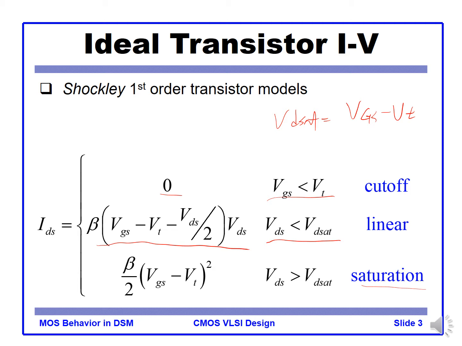And if VDS is larger than VDSAT, then it will be saturation. Definitely for this condition, we are assuming that VGS is greater than VT, right?